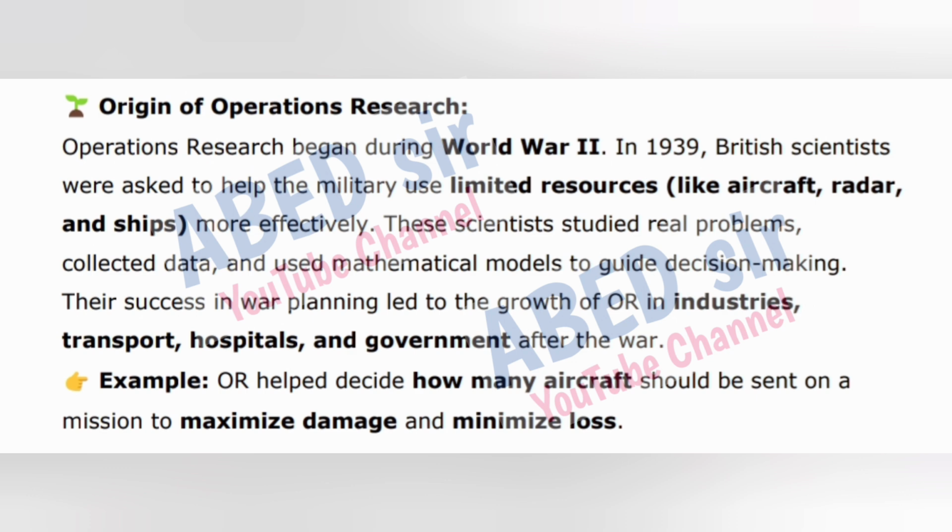These scientists studied real problems, collected data, and used mathematical models to guide decision-making. Their success in war planning led to the growth of OR in industries, transport, hospitals, and government after the war. Example: OR helped decide how many aircraft should be sent on a mission to maximize damage and minimize loss.